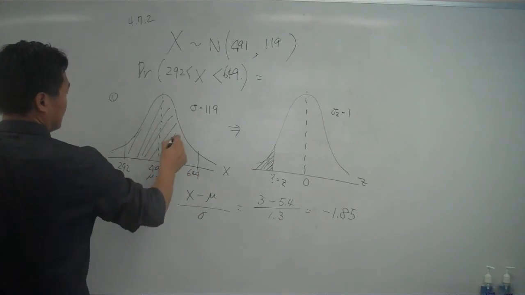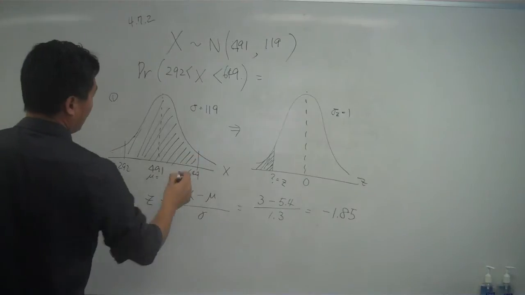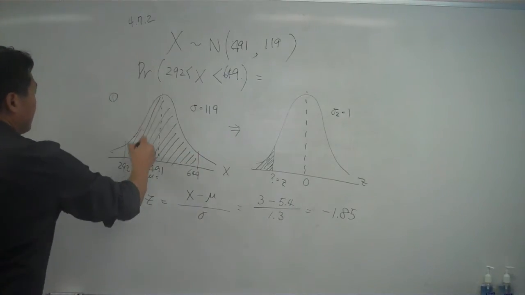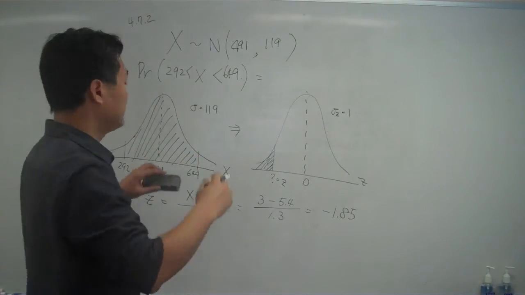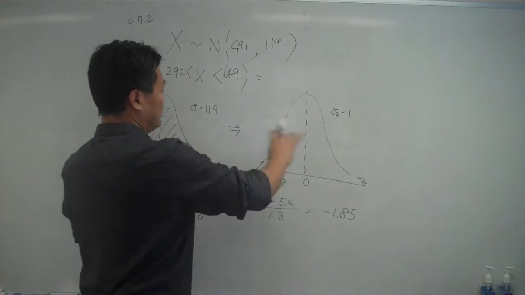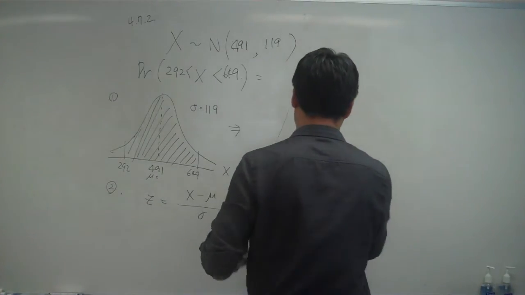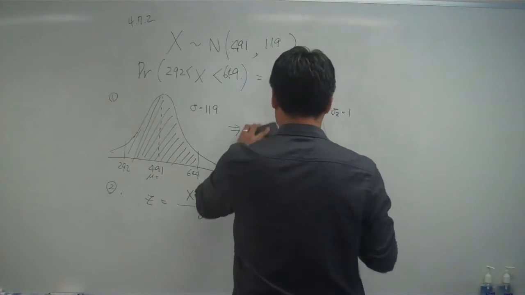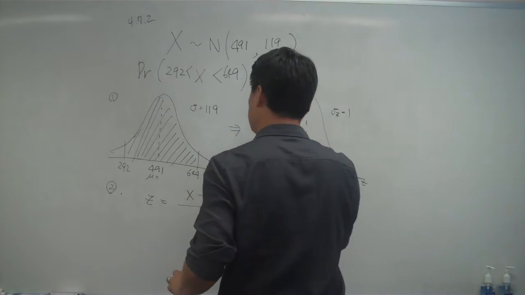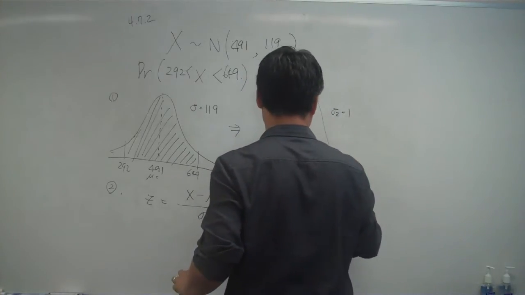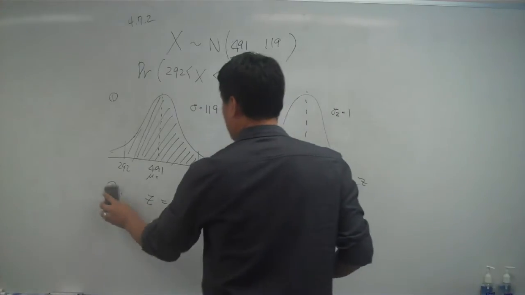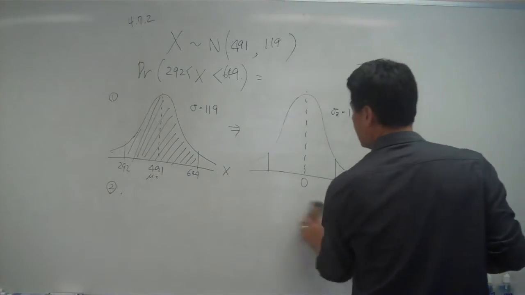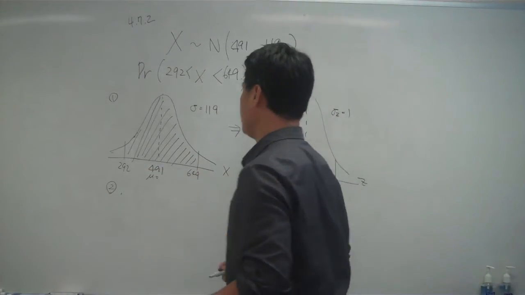So these are the area we want to know the probability. And next job is to transform that one, and find the z-score for these two numbers.